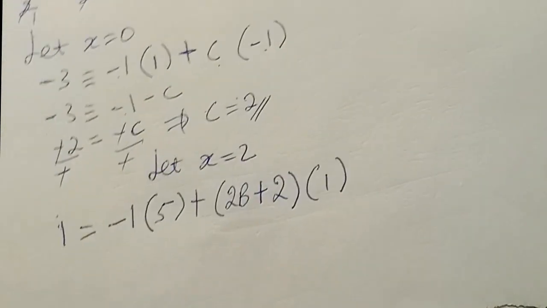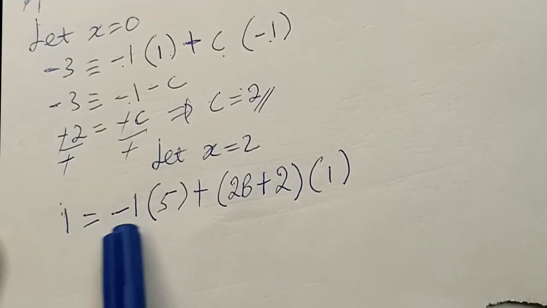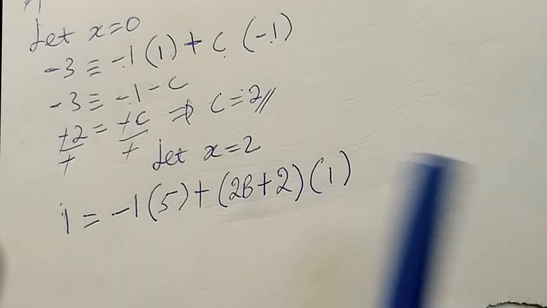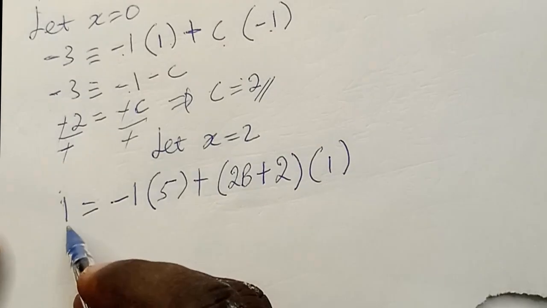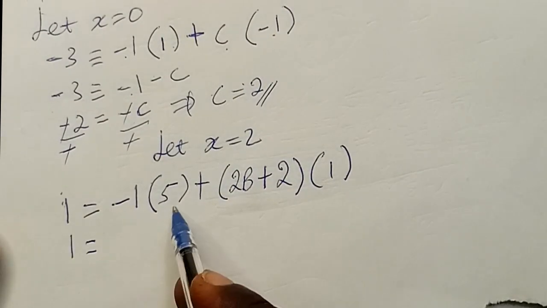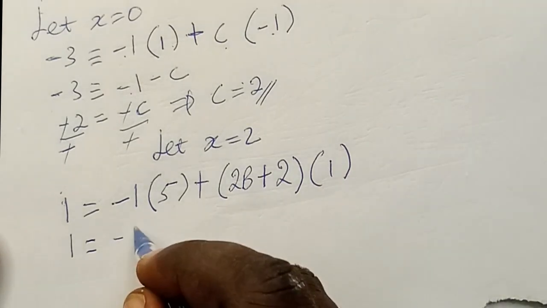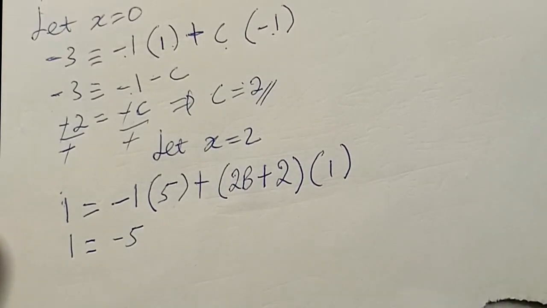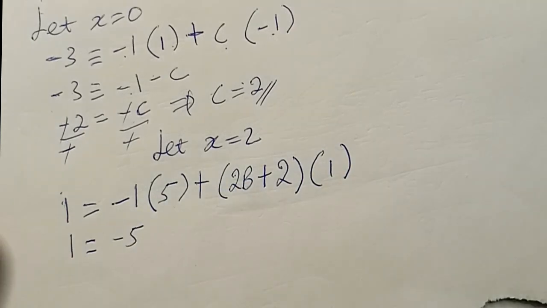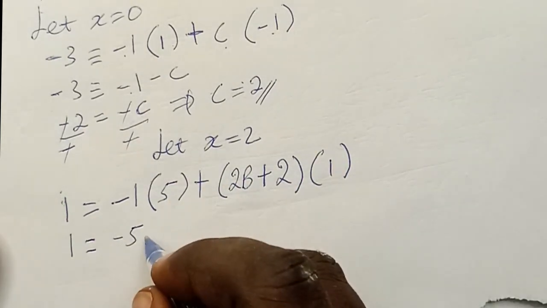So now we have this expression after we insert every value. We need now to simplify this. So we have 1 here equal to minus 5, as you can see here. So 1 times all of these is still going to give us 2b plus 2.